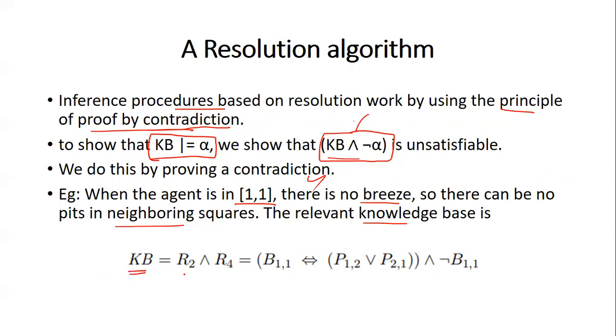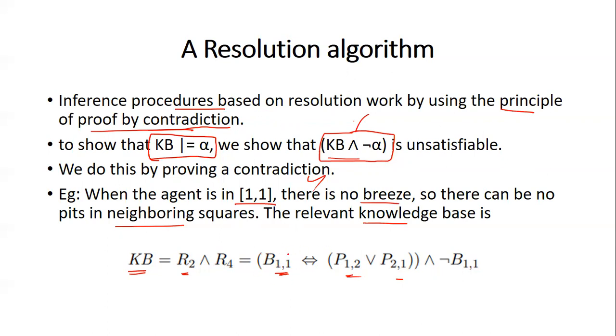KB equal to R2. So R2 is if there is breeze in 1,1, that is what rule 2 is. And R4 is then there will be pit in 1,2 or 2,1. So basically, what does this represent?